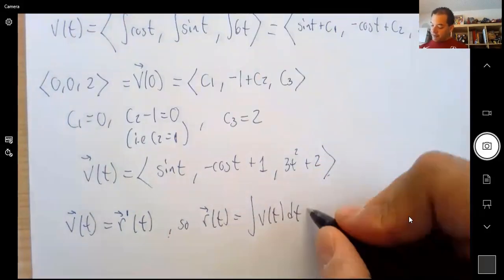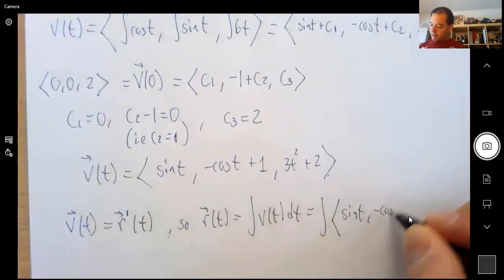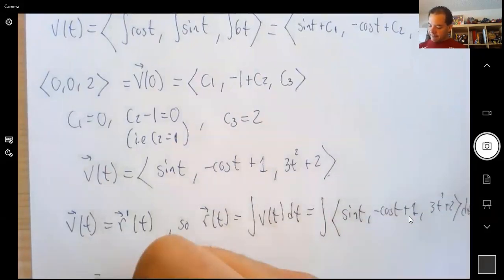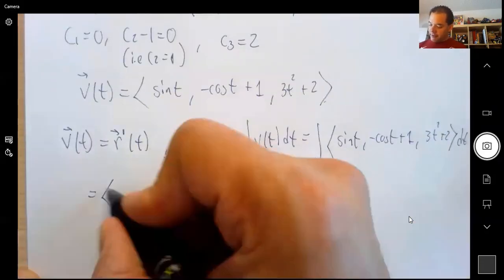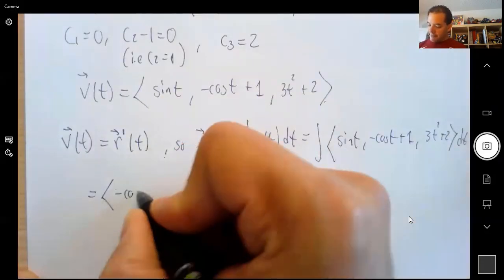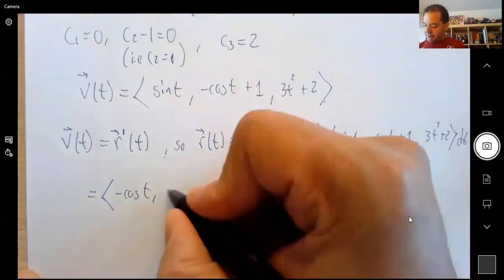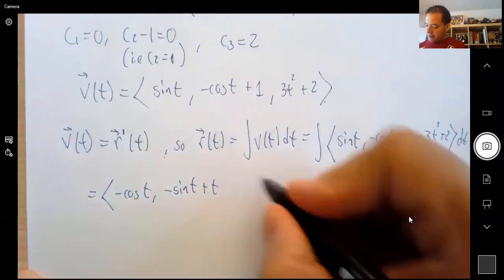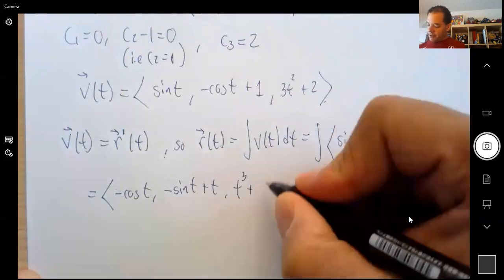We need to integrate sine t, negative cosine t plus 1, and 3t squared plus 2. The integral of sine is negative cosine. The integral of negative cosine plus 1 is negative sine plus t. And the integral of 3t squared plus 2 is t cubed plus 2t.